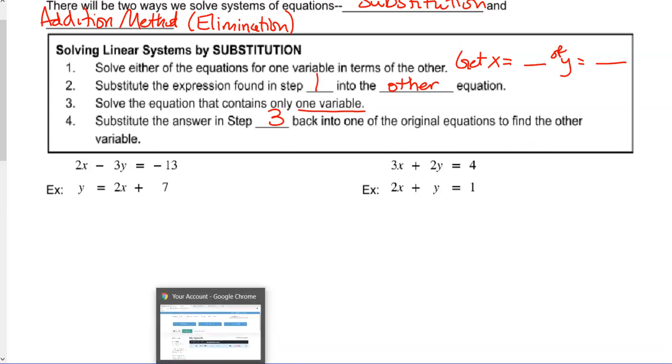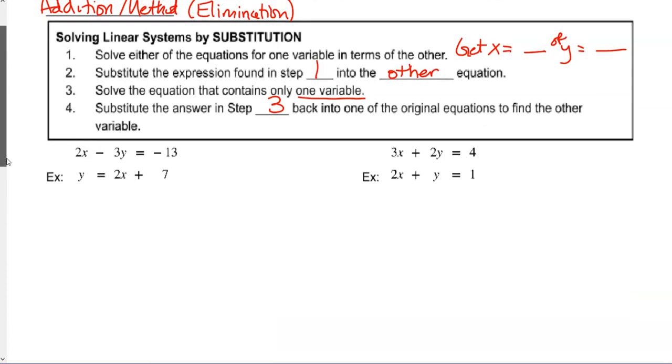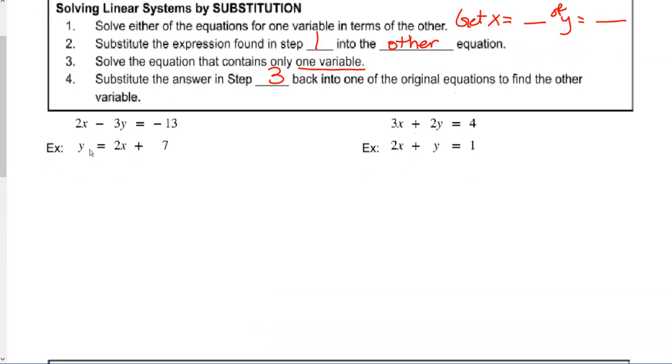So let's see what we can do with this in this first example. Number 1, we want to solve either one of these equations for x equal or y equal, and notice that we already have that in one of them. So we have y equal, so we've done step 1. Number 2, we want to substitute the expression that this is equal to into the other equation for that variable. So I'm going to take out a y and put in this 2x plus 7.